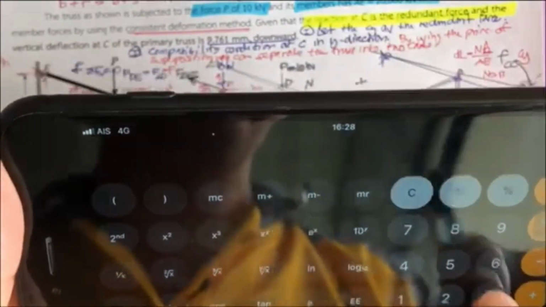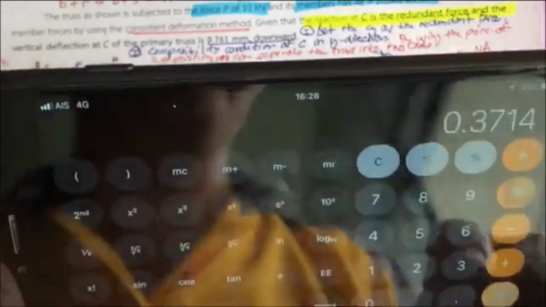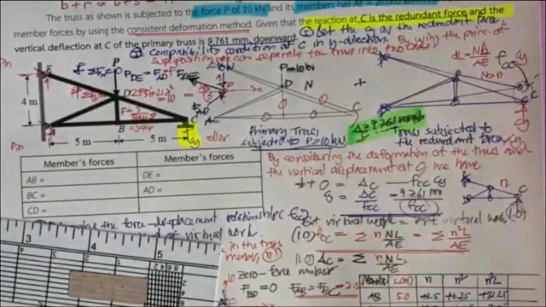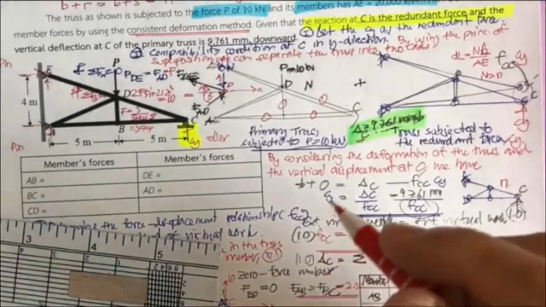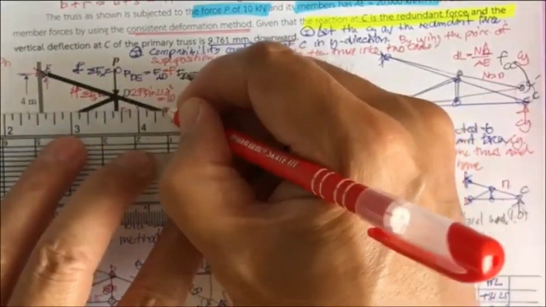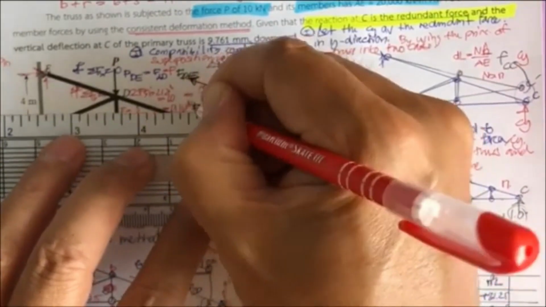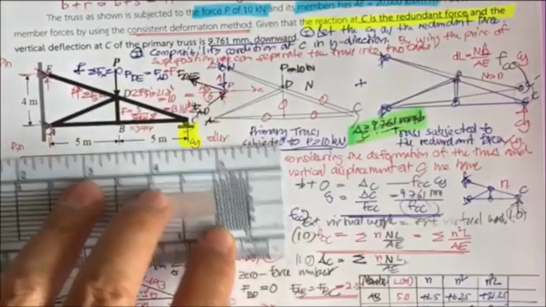So 5 divided by 0.3714 is going to be 13.463. That is going to be equal to 13.463 kilonewton.